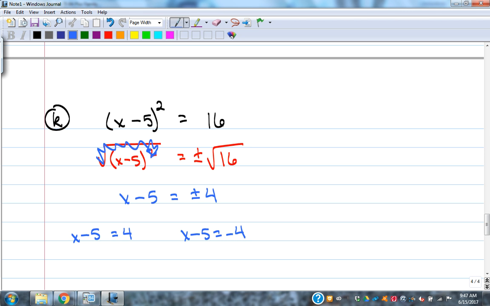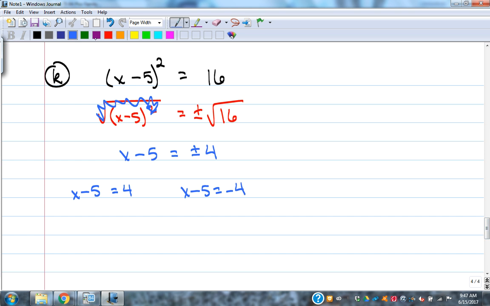And you just got to solve each one of those to get our two answers. X equals 9, and x equals 1. And we get two answers from that.